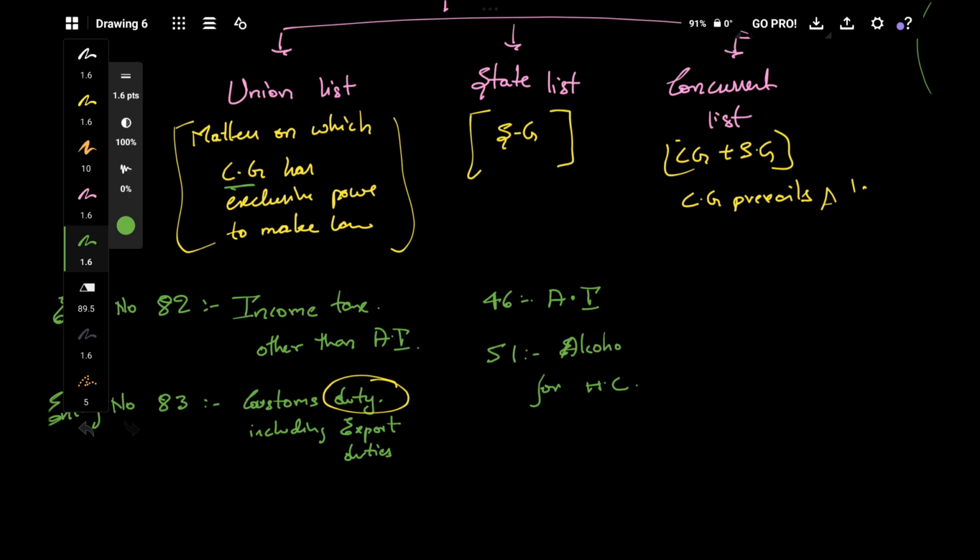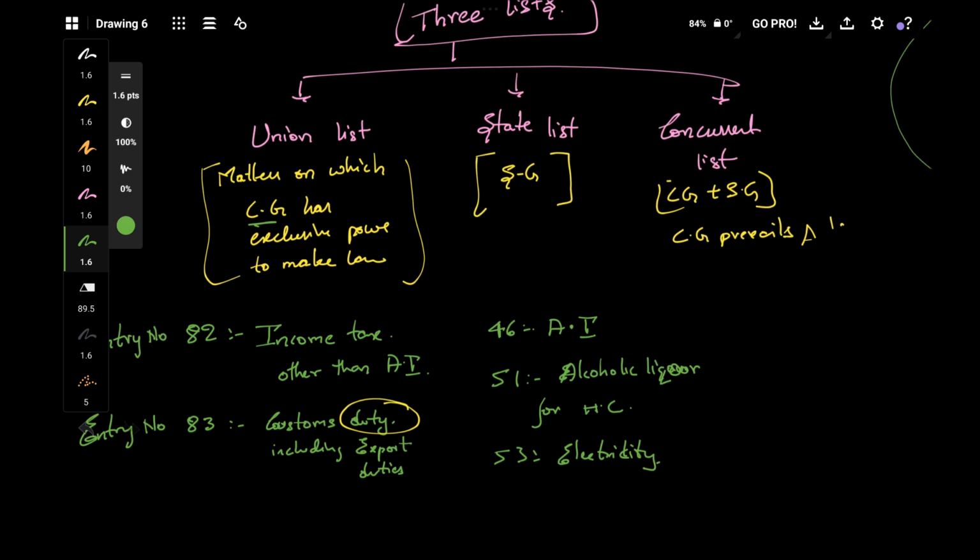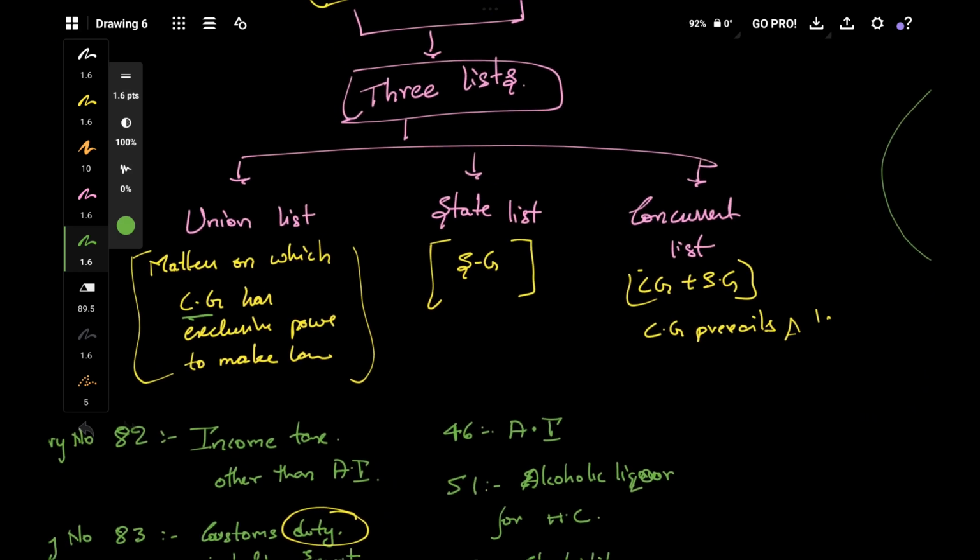So entry number 51 is that, and entry number 53 is for electricity. On electricity, state government has power to levy taxes. That's for general knowledge purposes, let it go.